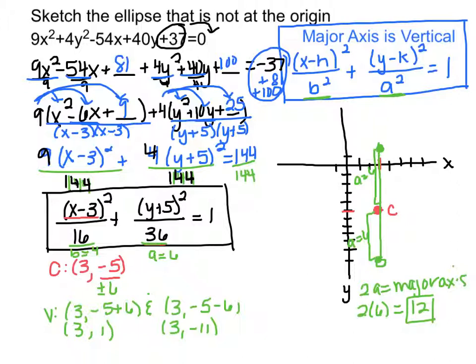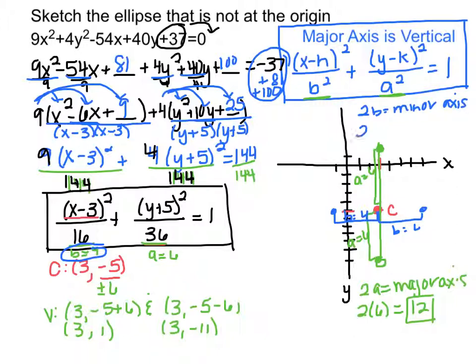Now let's plot the minor. The minor is the short one. So in the x direction, because this falls under x, I'm going to go 4 to the left. That length is b, which is 4. And I'm going to go 4 to the right, and that length is b, which is 4. So 2 times b equals the minor axis, which is the short one.